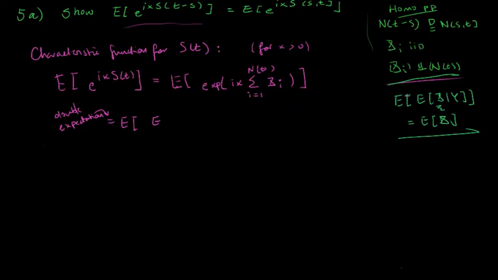And if you go the more intuitive, discrete case route, then you can also convince yourself that this is the case. Okay, so let's see, what do we have? The exponential of Ix, and then the sum of Xi's from 1 up to N of t in the exponential and a condition on N of t.